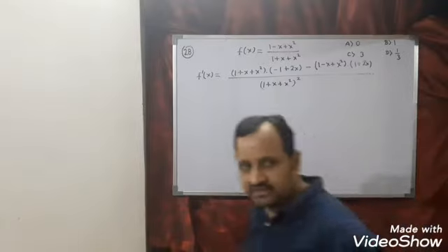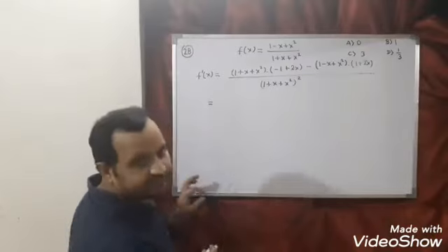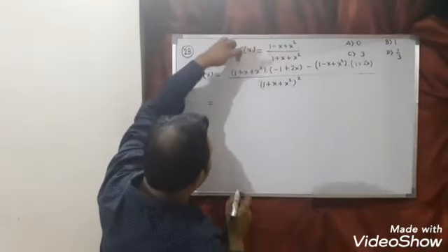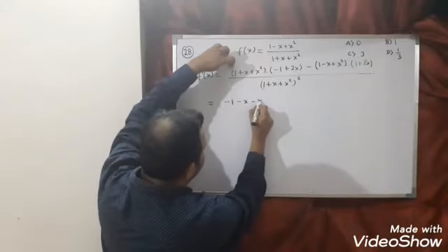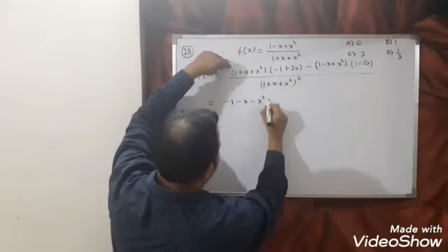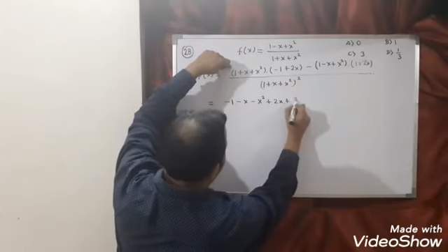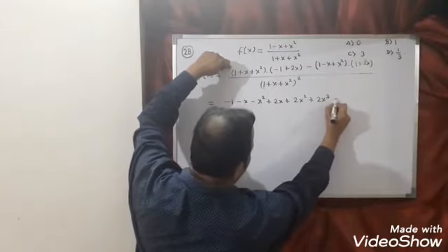Let us simplify this. So we multiply: minus 1 I am multiplying with all, so minus 1 minus x square. Now 2x multiplied with all: 2x plus 2x square plus 2x cube, minus.